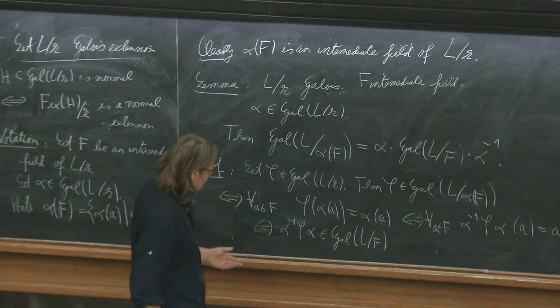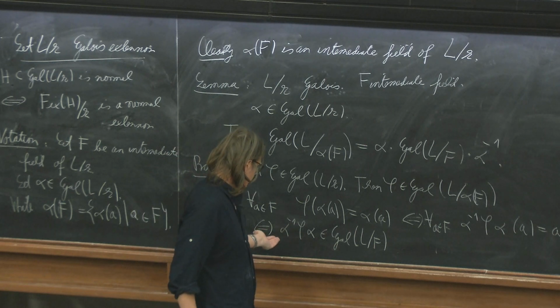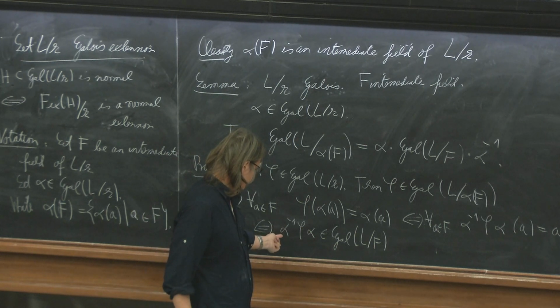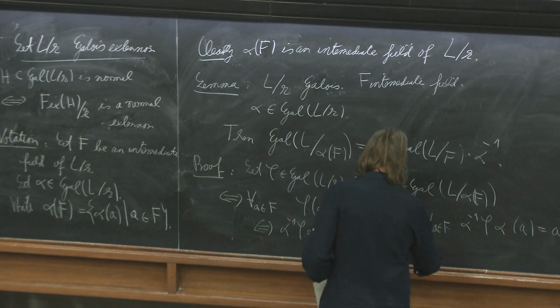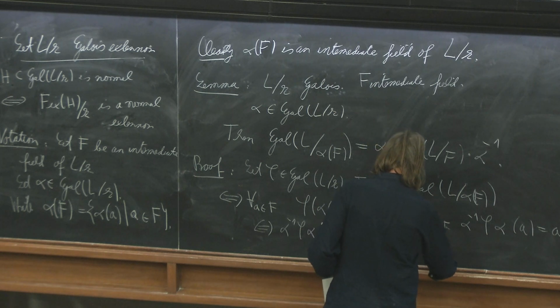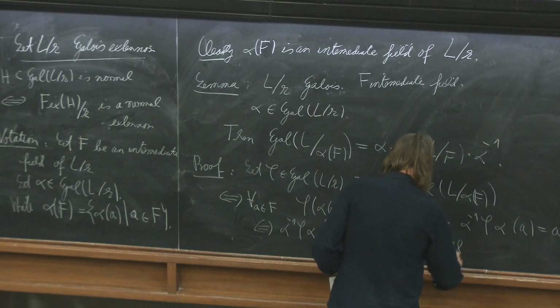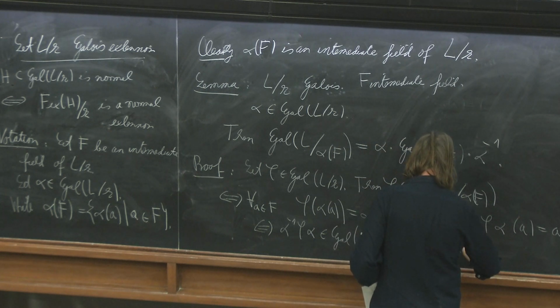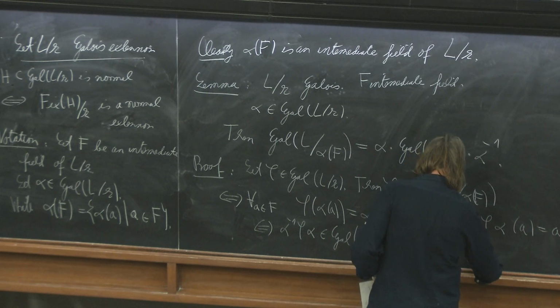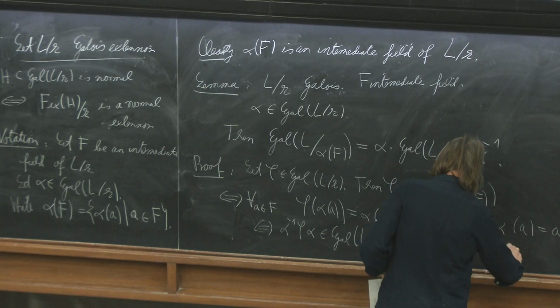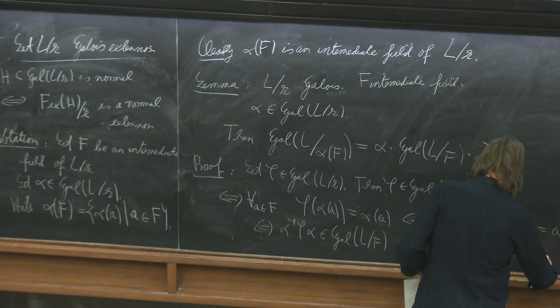And obviously, by multiplying now back with alpha on this side, alpha to the minus 1 on the other side, this is equivalent to phi being an element in alpha times the Galois group of L over F times alpha to the minus 1.